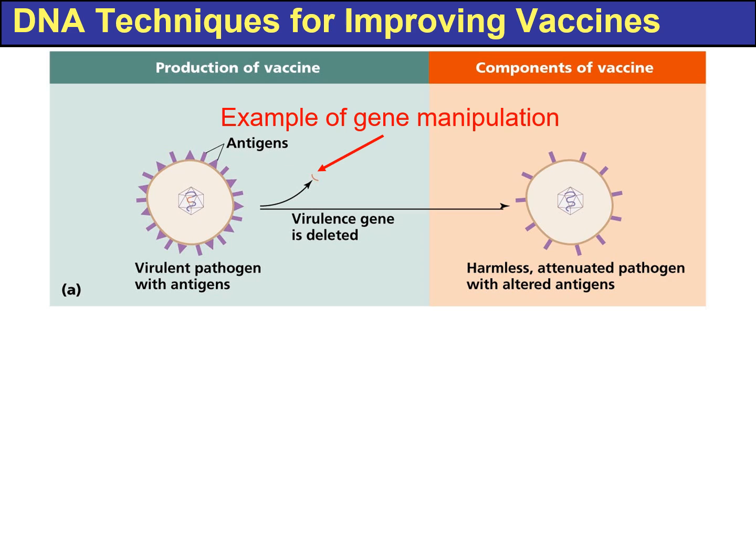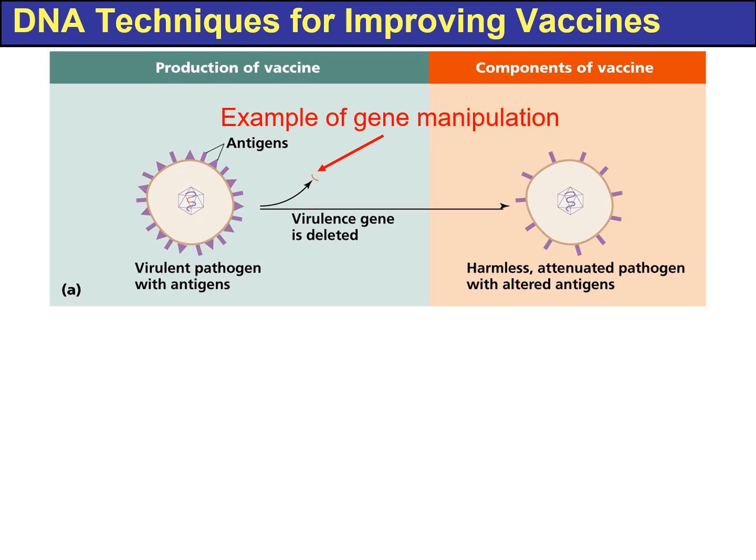Let's say the gene causes those triangles to form, and the triangle allows the bacteria to stick to, let's say, a blood vessel or the endocardium.